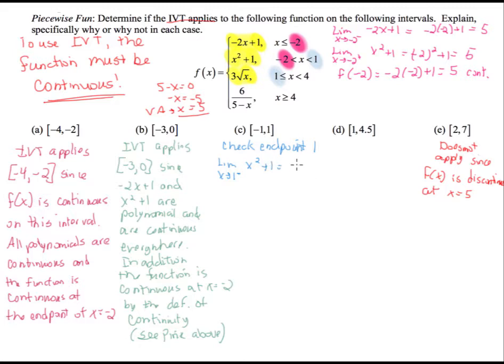Since negative 1 is within the polynomial x squared plus 1, I know it's continuous. So I actually only have to check the endpoint 1. That means the limit from the left of 1 must equal the function value at 1. As you can see, those are different values. Therefore, this function is discontinuous at 1, and the intermediate value theorem does not apply.